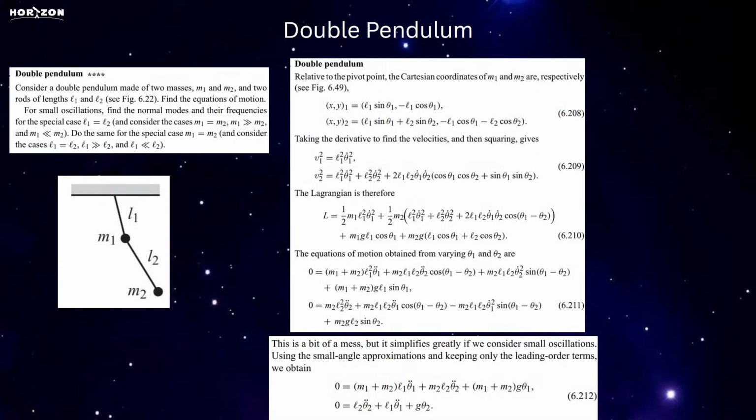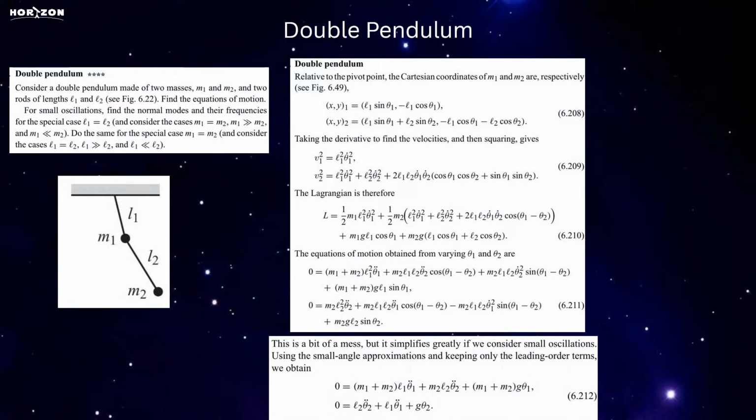This is the solving of the double pendulum. If we are considering two bobs of mass m1 and m2 using Lagrangian, we simply have to find the velocities for it, and that is pretty simple. And then finding the Lagrangian for it, which is the kinetic energy minus potential energy, and we can easily get the motion of varying theta 1 and theta 2.